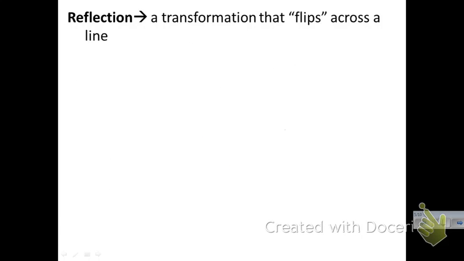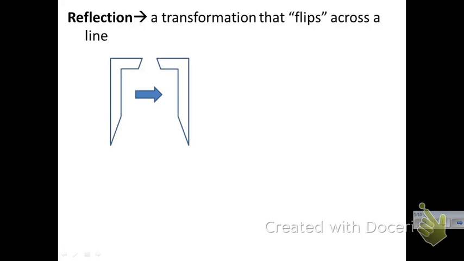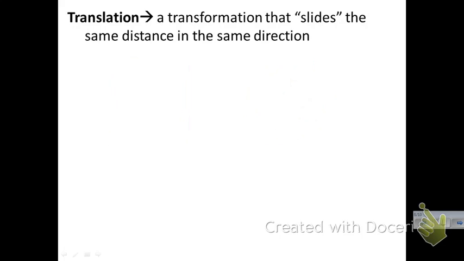So here, a reflection is a transformation that flips across a line or over a line. So if this was our line here, if we flip that over, it would look like this. Our next shape, if we flipped across this line here, we would get this shape. A translation slides, so we can slide over and up.